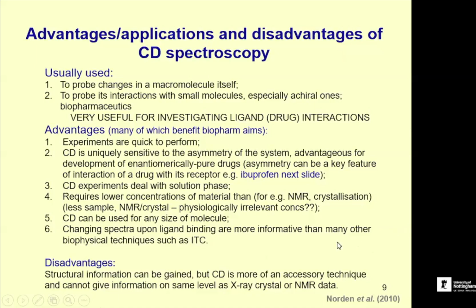So you can get all that from CD as well, but in addition, you can monitor different groups on your molecule, your different aromatic residues and so on. So you could argue that you get more information back from CD than you might from some other techniques like ITC. Depends what you're after. It always is, to choose which technique.